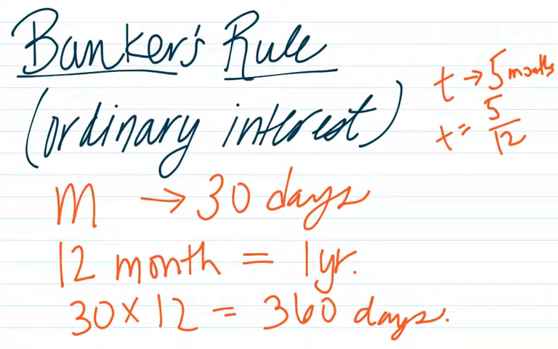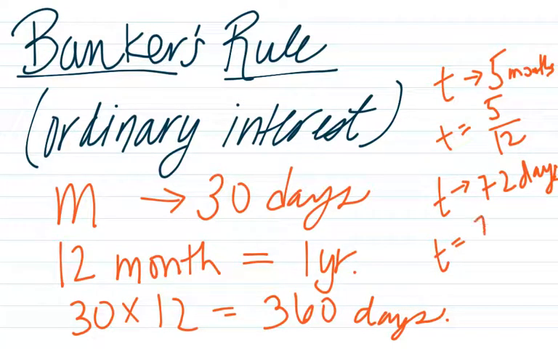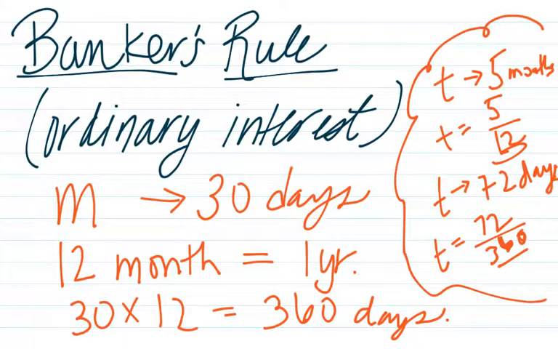If time is given as 72 days, we would write time in our formula as 72 divided by 360, because we're comparing it to days representing a year or months representing a year. Now, if it's years, like 2 years, you would just say time equals 2. But this is the banker's rule, and this is what we will be using to compute simple interest.